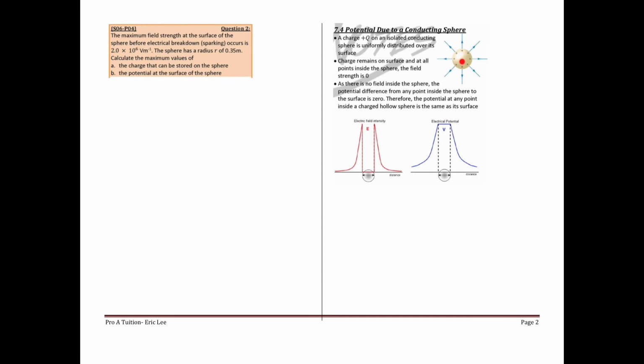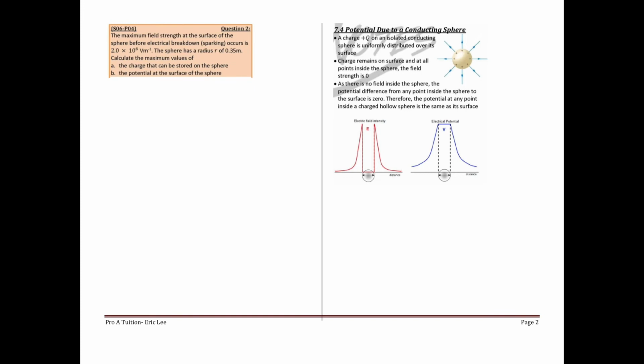As you can see in our graph here, if we are drawing electric field strength E, in the middle it should be 0. This is inside the sphere, which should have no electric field strength.